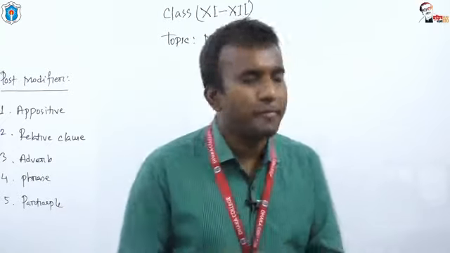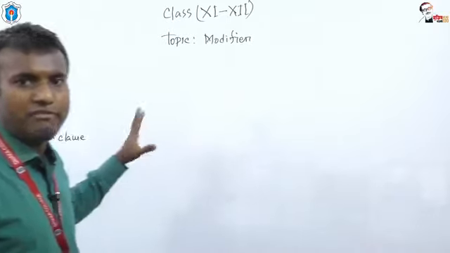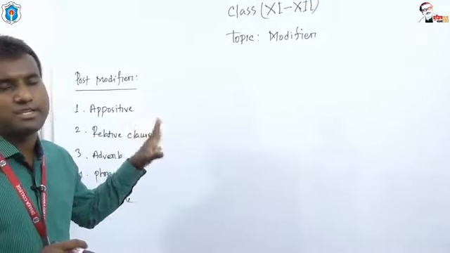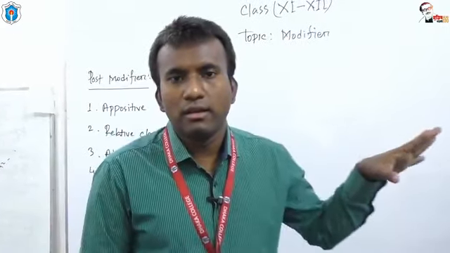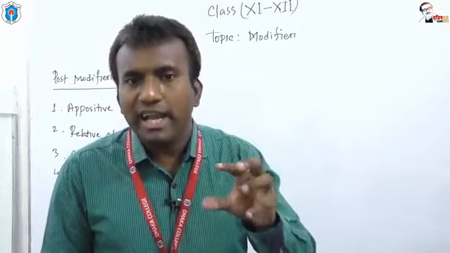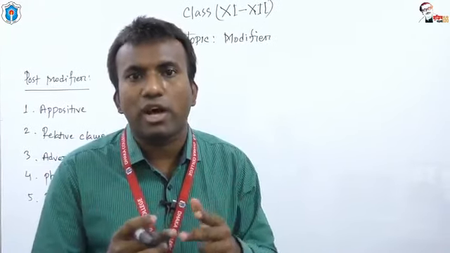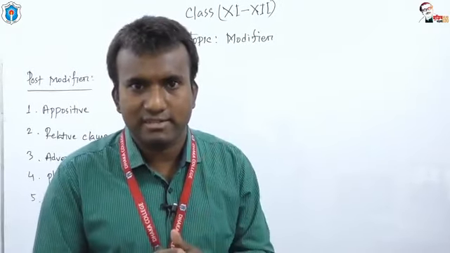Look at the board. In my first class, I told you that modifiers are of 2 types. One is pre-modifier, another is post-modifier. Under pre-modifier, we have learned the ins and outs of 11 grammatical devices, or items.